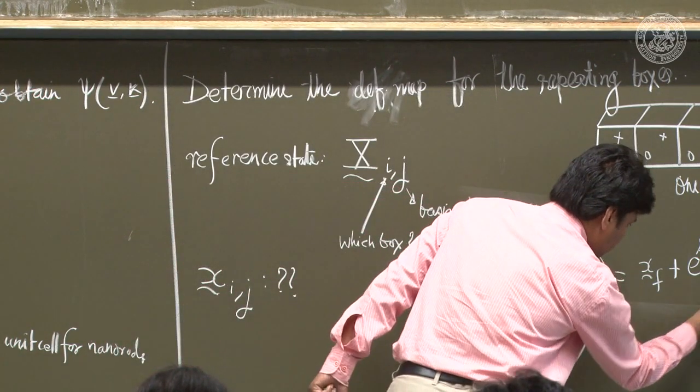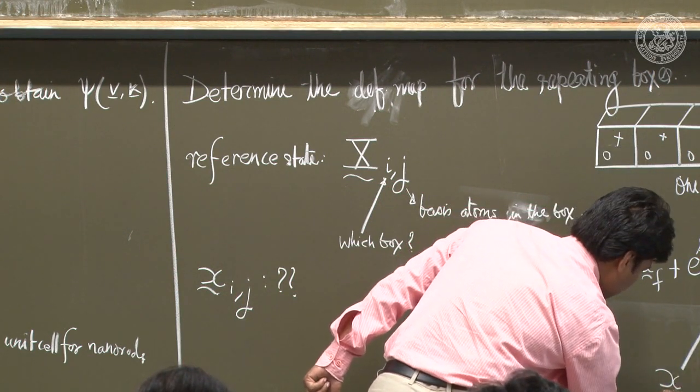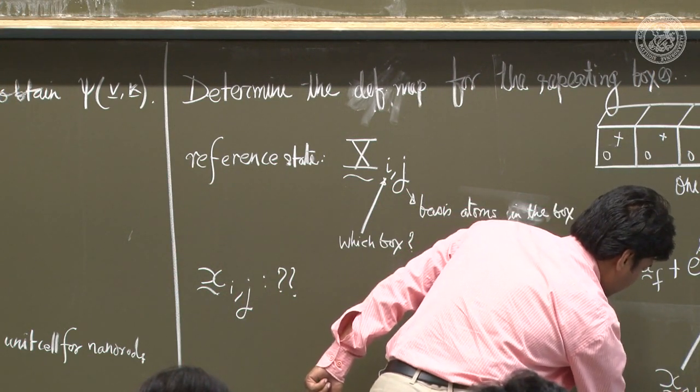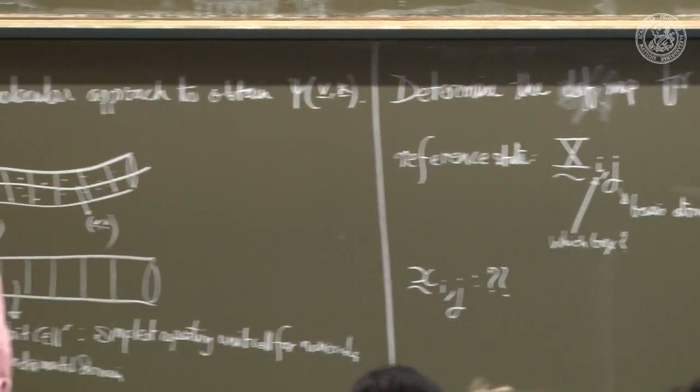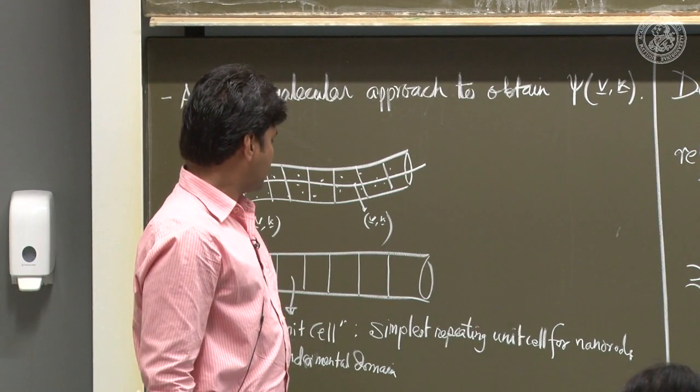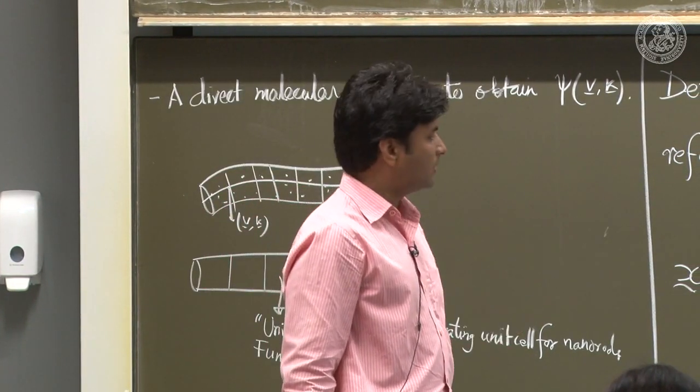And the thing that you see over here, that's your little x of 0 comma j. That's the box for I equal to 0.